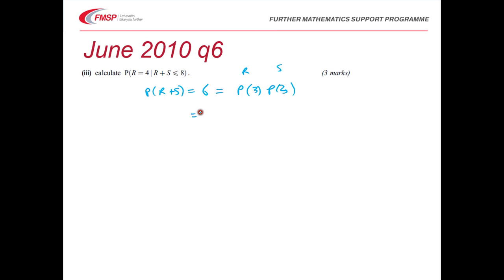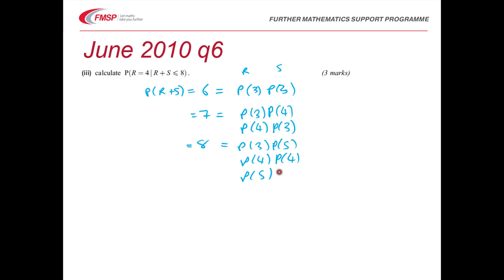When it was equal to 7, it was probability of 3, probability of 4, and probability of 4, probability of 3. When we were looking at 8, it was 3 and 5, 4 and 4, and 5 and 3. And we are now looking for the probability of R equaling 4 given that R plus S is less than or equal to 8.